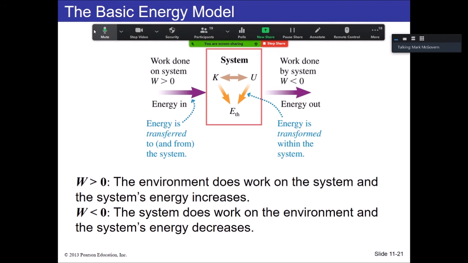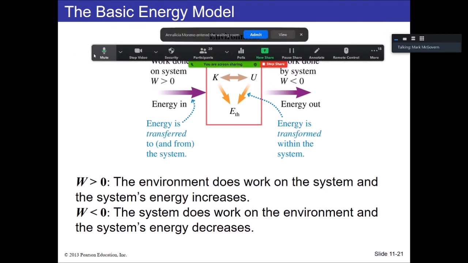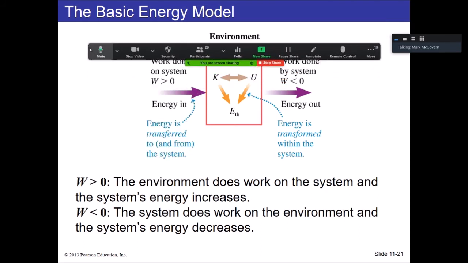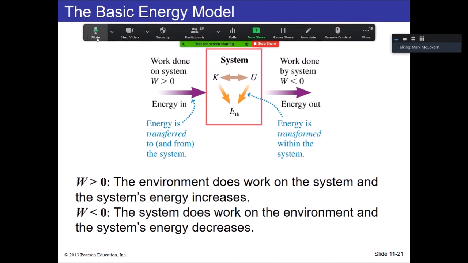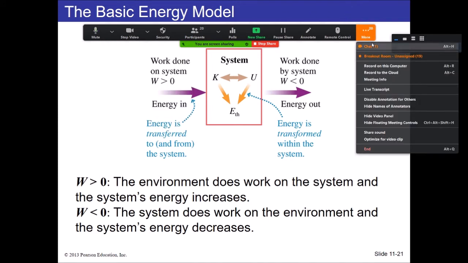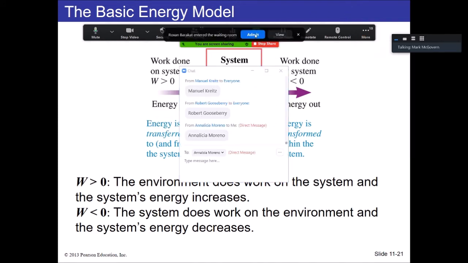Let's recap a little bit about the stuff we talked about yesterday. We want to talk about our basic energy model. The way the basic energy model works for us here is we have a system. We have objects in the system. Those objects will have different states of energy: kinetic, potential, thermal, and they can exchange that energy with each other in that system.